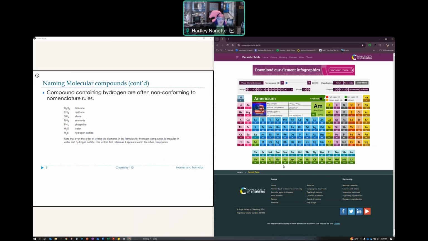Okay, so typically we would write H first, but sometimes they appear last, and why they do is complicated. It's typically just because we were dealing with common compounds at the time, and we were more focused on the other thing rather than hydrogen. So we put the hydrogen last, and it's not really the way that it should work for those.